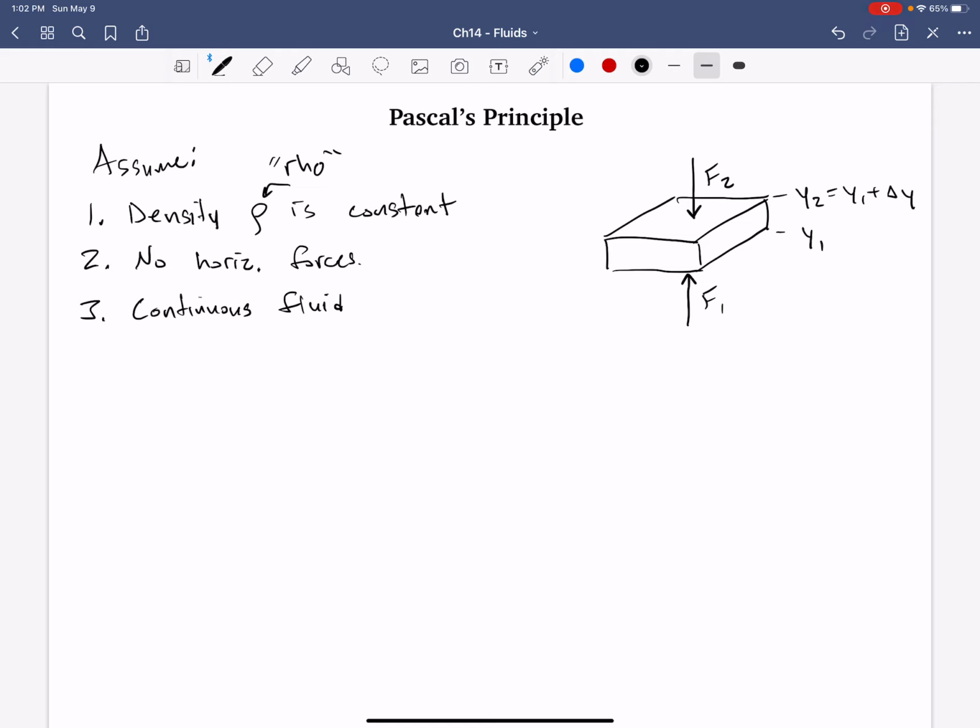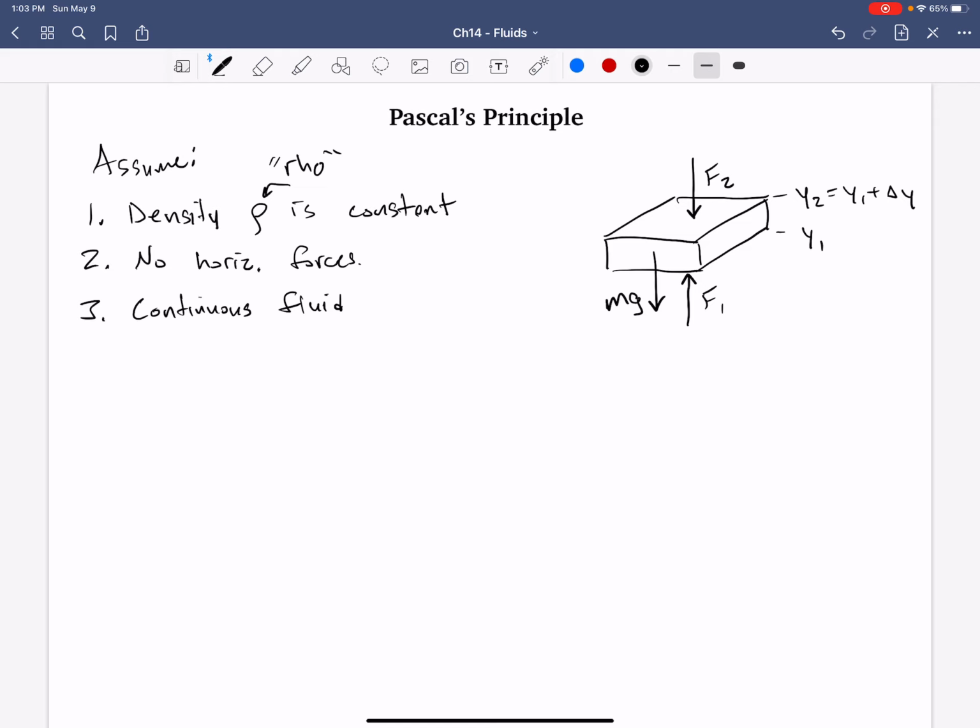And so collectively, they have some weight. So this volume of fluid will have some weight. I can't draw it from the center of mass, so I'm going to draw it just to the side. I'm going to call it mg. That's the collective force of gravity of this system of particles.